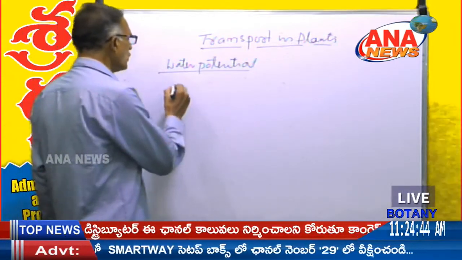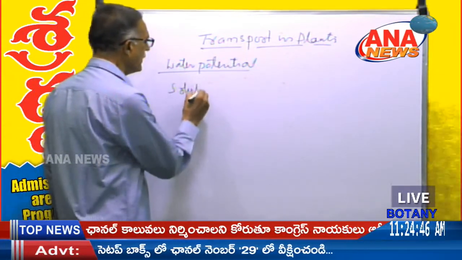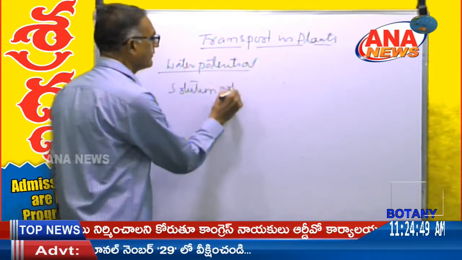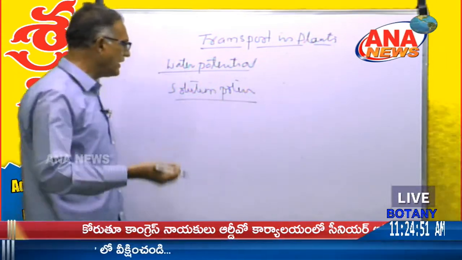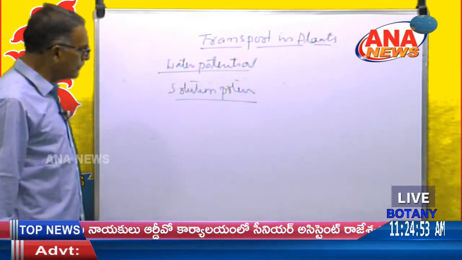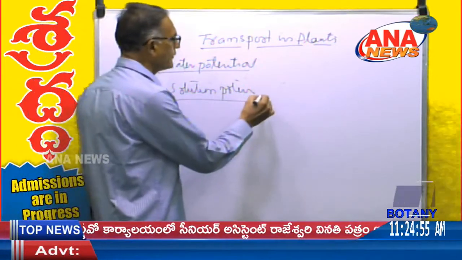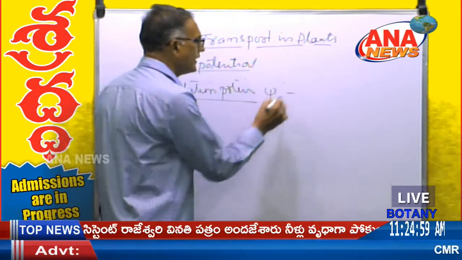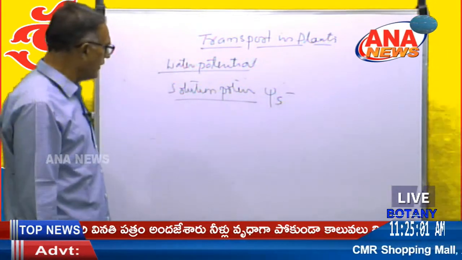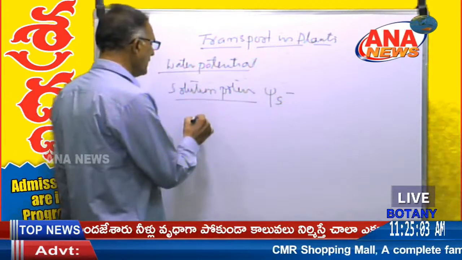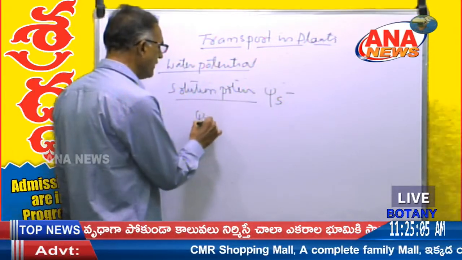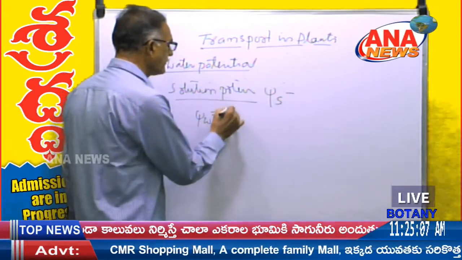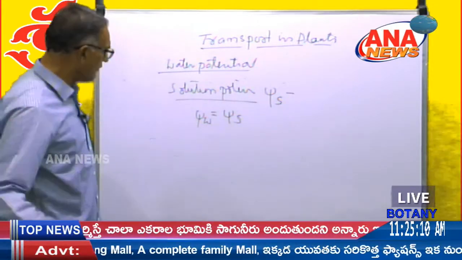The magnitude by which the solute decreases the water potential is called solute potential, denoted psi S. It is always negative. In a solution, psi W equals psi S.